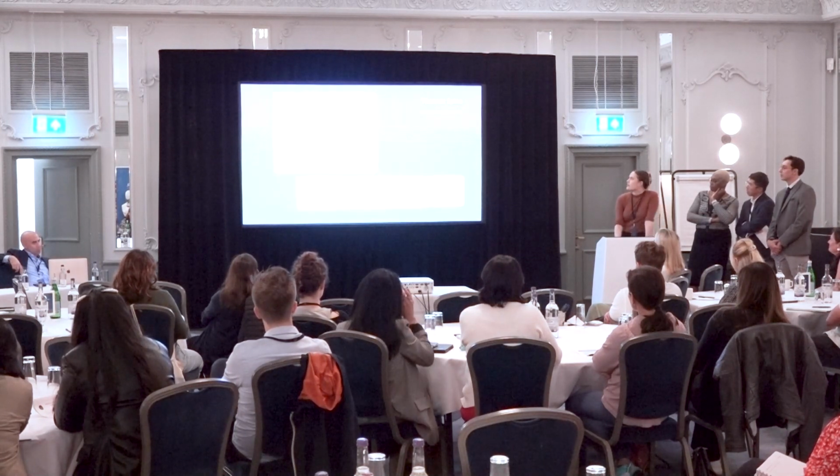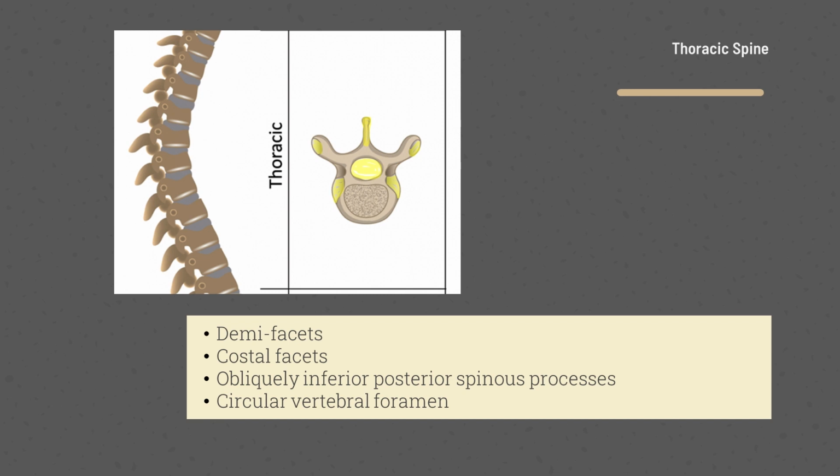Moving down, we have the thoracic spine. We have 12 thoracic vertebrae which are associated with 12 ribs. The distinguishing characteristics of the thoracic spine are very much related to its function articulating with those ribs. As a result, we have these demifacets. There are 4 demifacets on each vertebra: inferior and superior on both sides, and these articulate with the head of each rib.